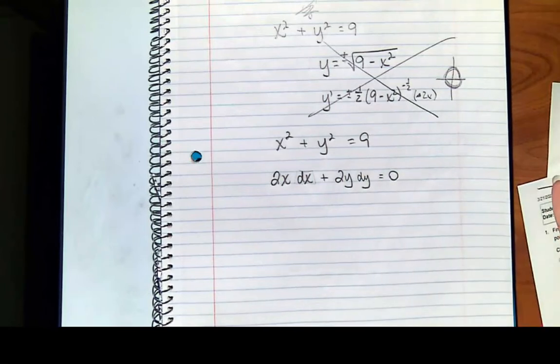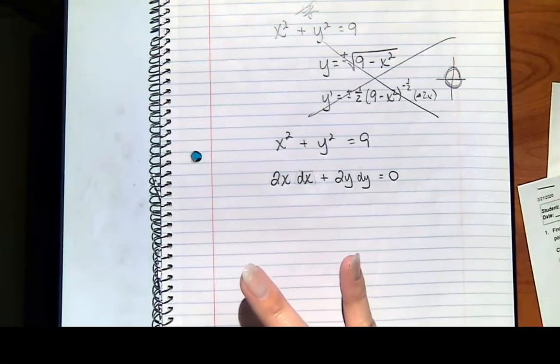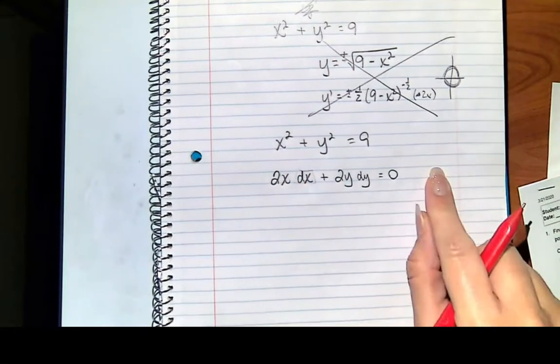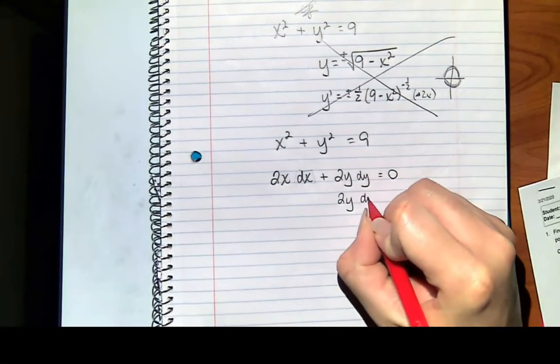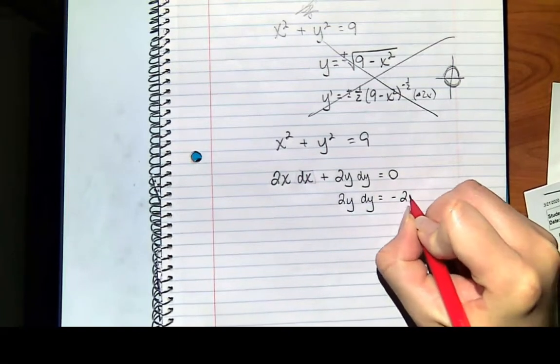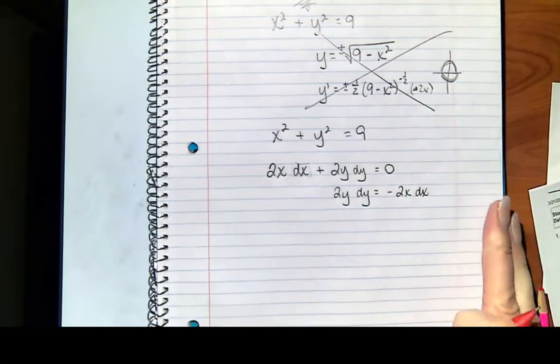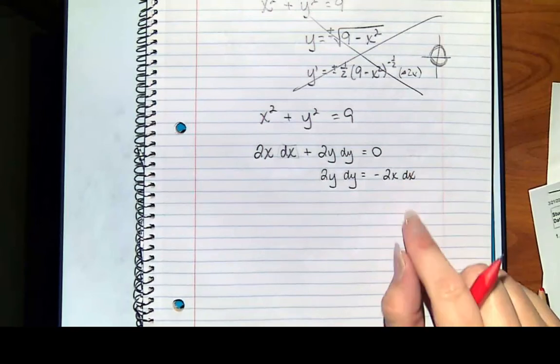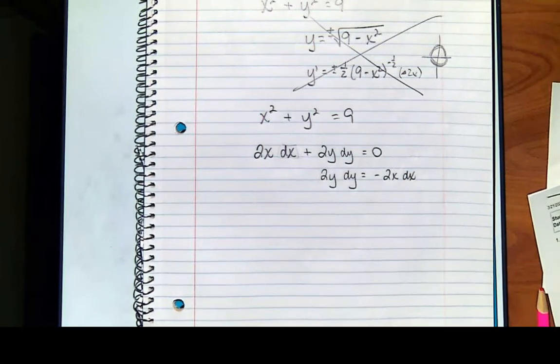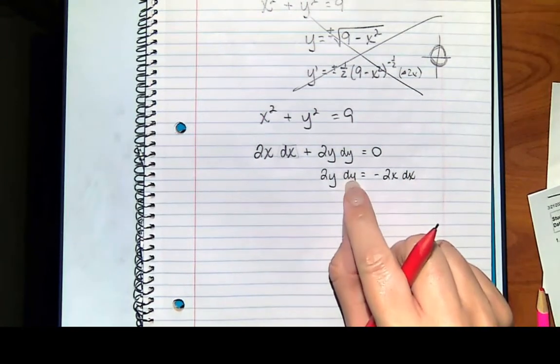So your next step is get your dy's on the left and your dx's on the right. Okay, so this has a dx. I'm going to move it to the right by subtraction. So 2y dy equals negative 2x dx. All I did was subtract it over. And now I need to get dy/dx by itself. So again, this just means the change in y.